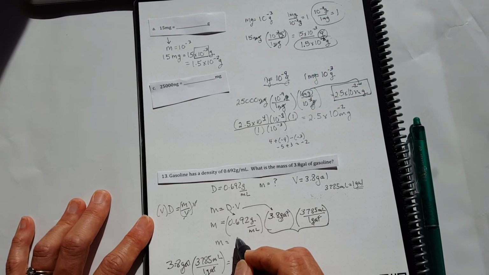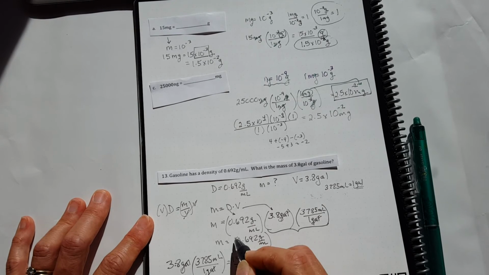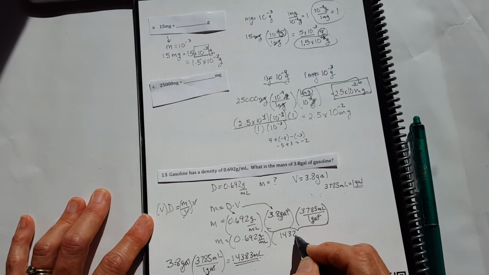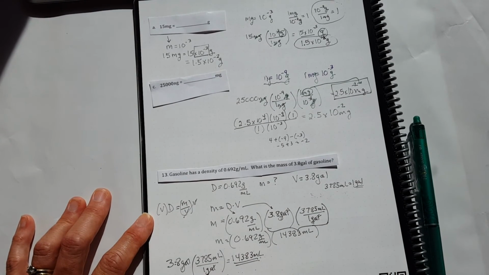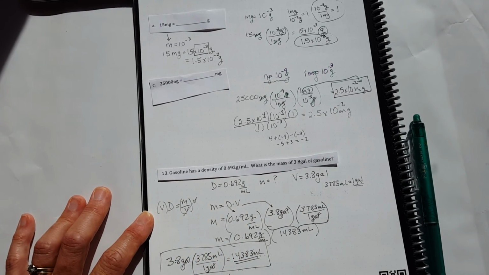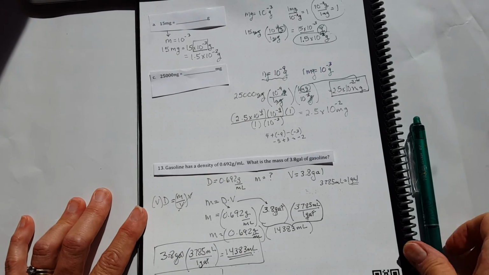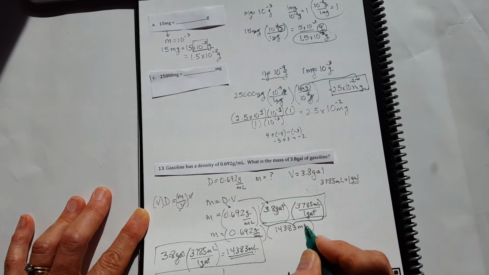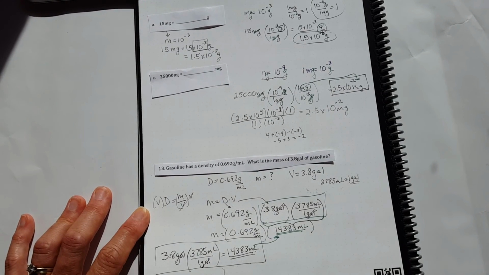mass is equal to 0.692 grams per milliliter, the density, right, times the volume, 14,383 milliliters. So you could have done the conversion outside of the equation, but you don't have to, because by putting the conversion right in the equation, it essentially is plugging in the correct number from that conversion.